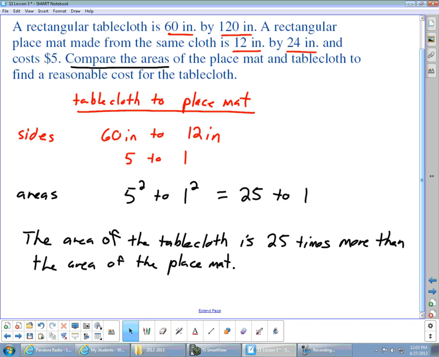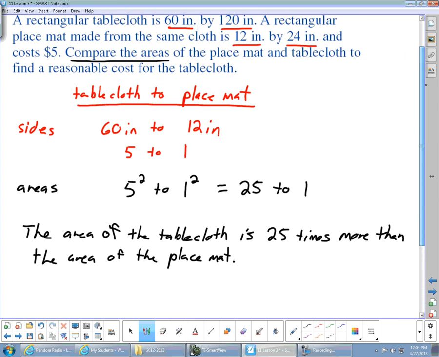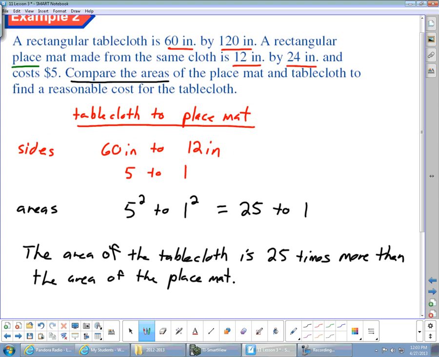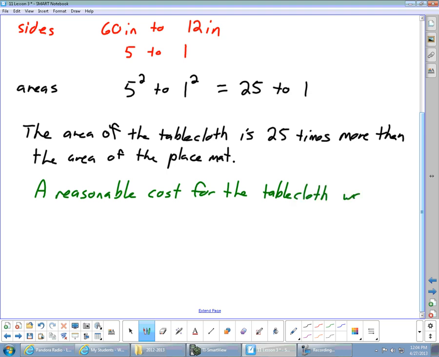Now let's find a reasonable cost. Well, if the cost is determined by the area, because for cloth needed, it's the area, and the placemat costs $5, and we know that the tablecloth is going to have 25 times more area, we can say that a reasonable cost for the tablecloth would be 25 times $5, or $125.